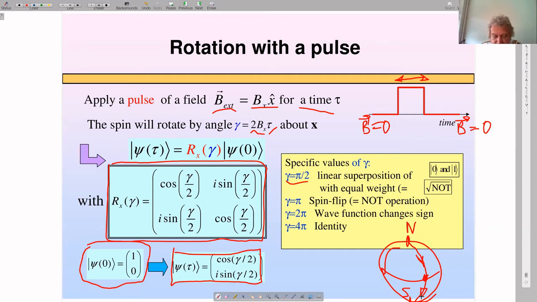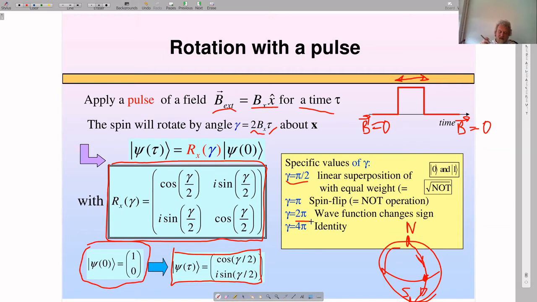Right, let's go on. Let us try 2 pi. If you think of this normally, the spin which is rotated, you expect, of course, no change. It was at the North Pole, and it comes to the North Pole again.